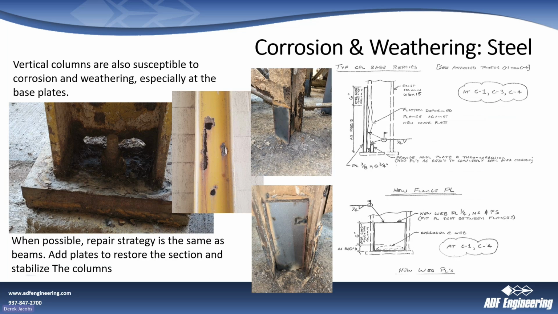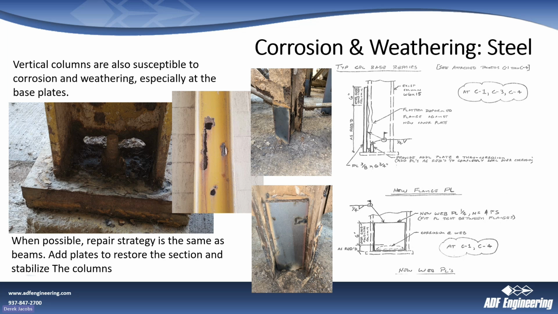So columns, vertical columns, we're thinking very similar to weathering steel. They're also susceptible to that, especially at the base plates, kind of like we were talking about before, where material will build up on these base plates. It'll sit there, it'll be wet, and it'll rot holes in the flanges or in the web.